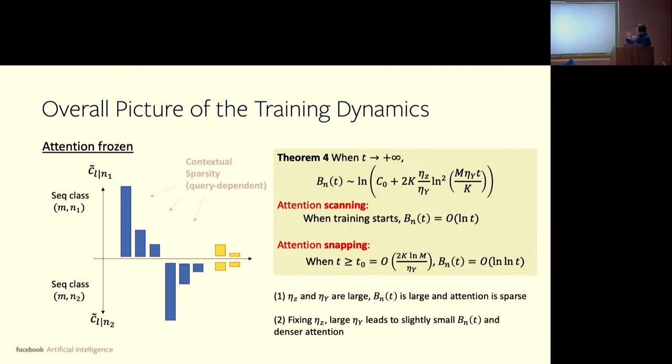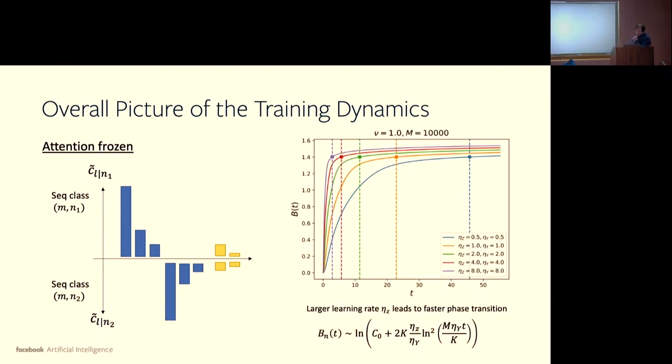So that's basically the overall picture shown by the scan and snap paper. Right, so that's the main picture. And we have a few different simulations showing this is really the case.